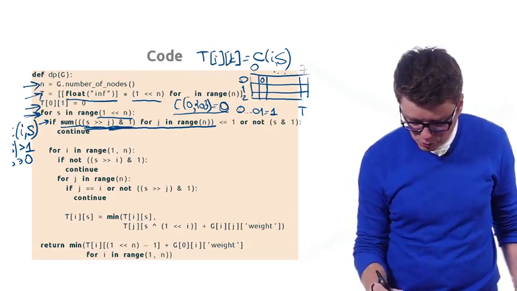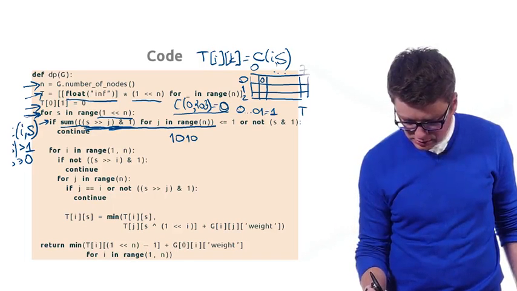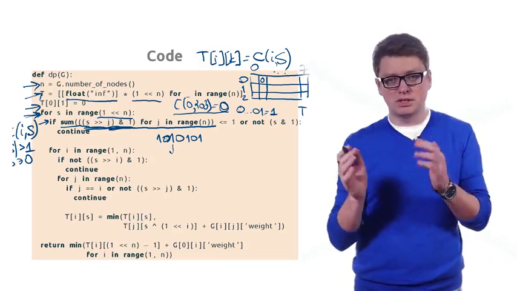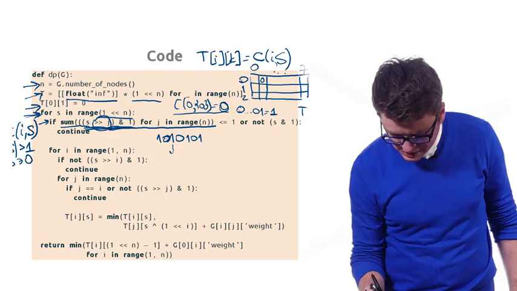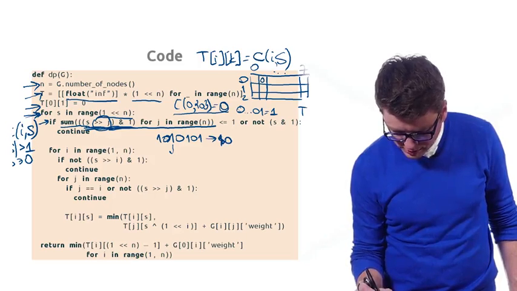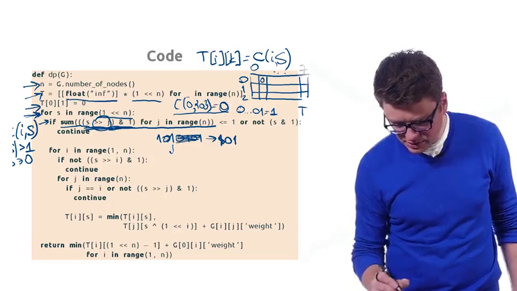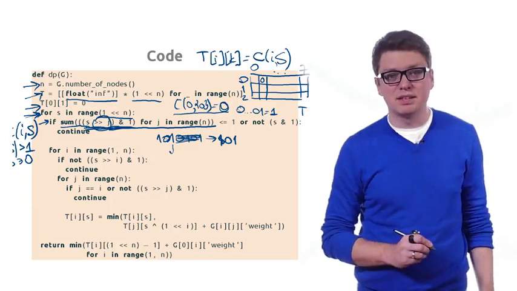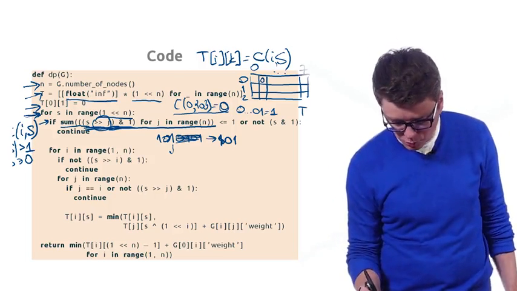What happens is that we take the number S, which looks like this, for example, and assume that this one is the j's position. Then when we shift it to j positions to the right, what we get is a number like 1, 0, 1. These bits disappear, and the j's position is now the least significant bit. Then we compute a bitwise AND with the following number.